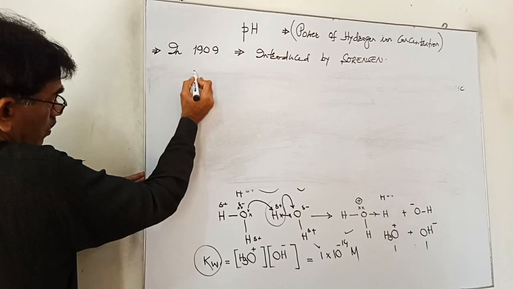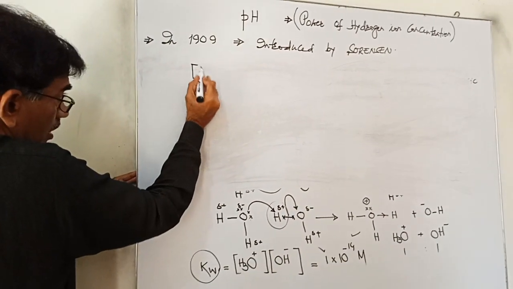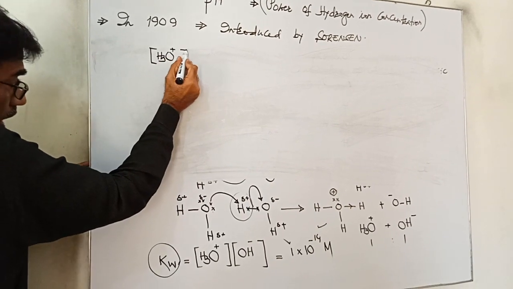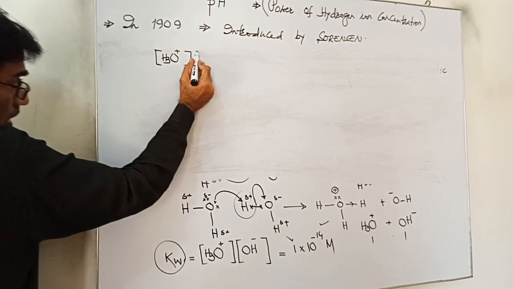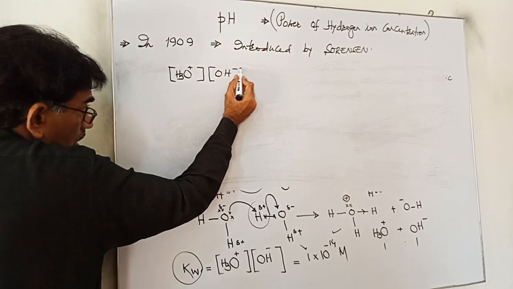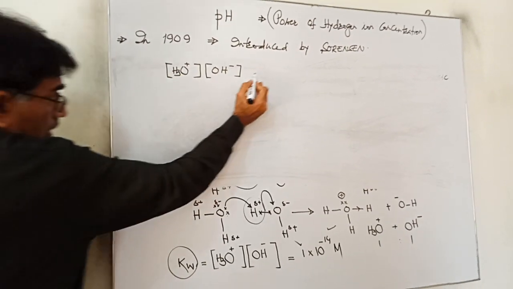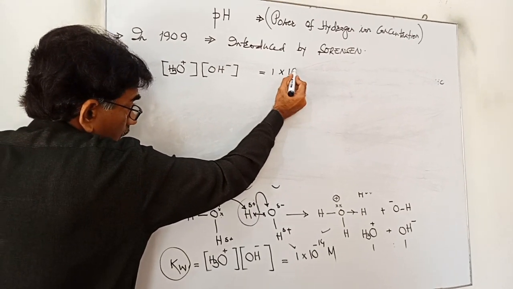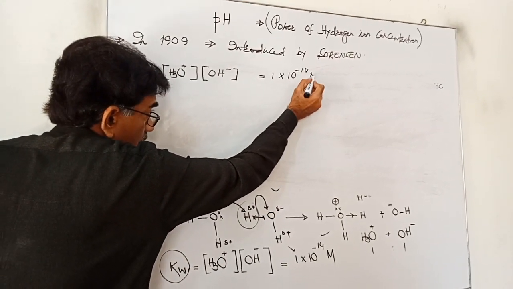Right now we have equal concentrations of hydrogen ions and hydroxide ions, and the dissociation constant of this is expressed like this.